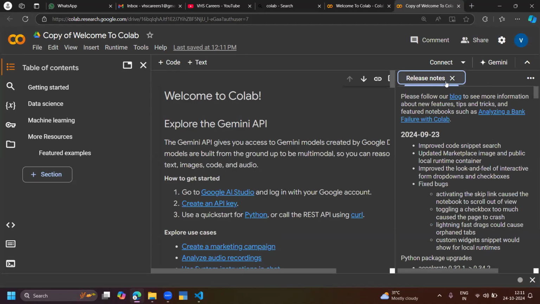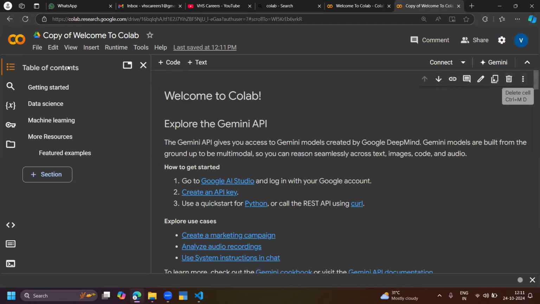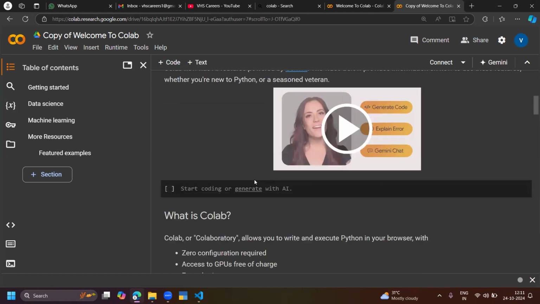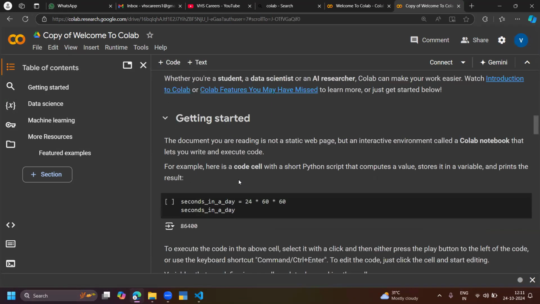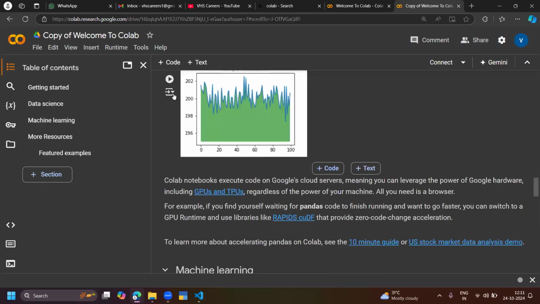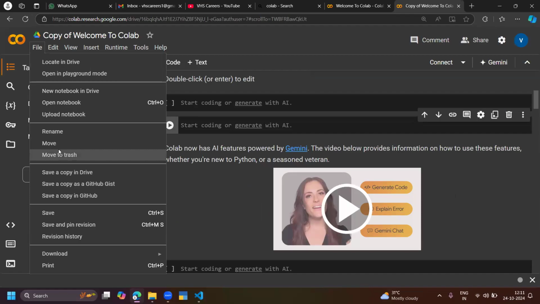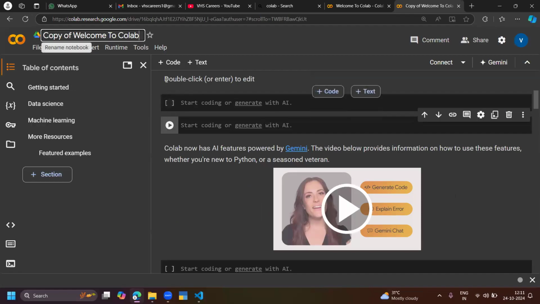So let me do something here. Okay. So start something. Just go with the code. Rename, and this is operators. Okay.